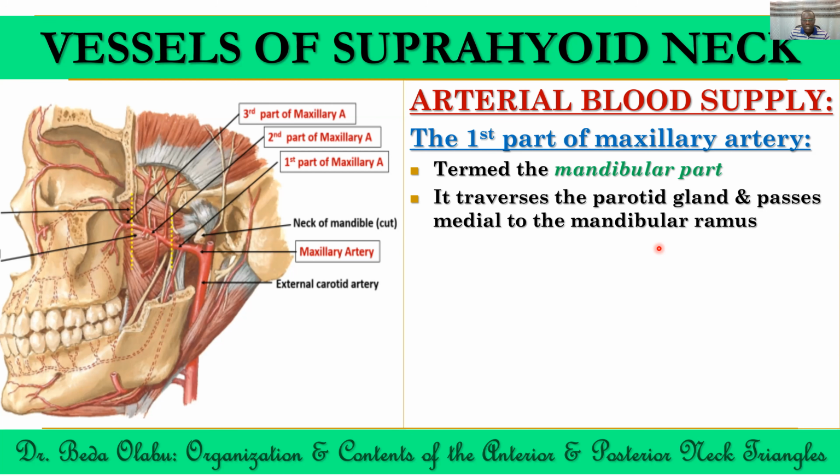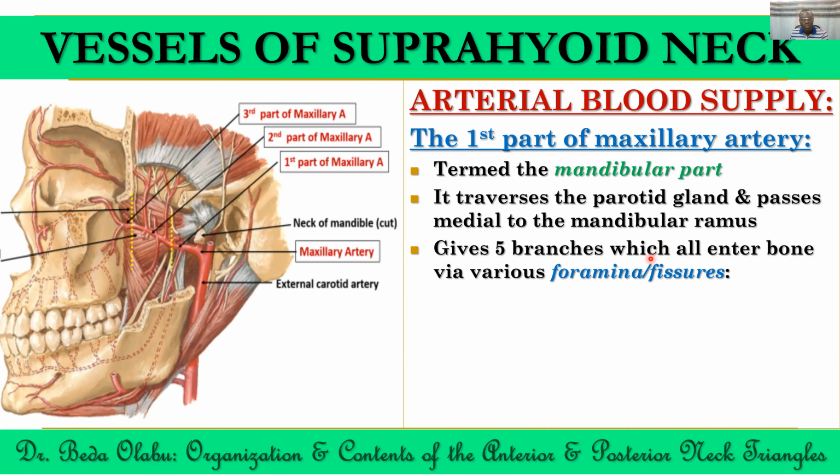So yes, this part will be partly already within the infratemporal fossa, but not quite between the pterygoid muscles. So that's what we call the first part, the part before the pterygoid musculature. That first part is the mandibular part.